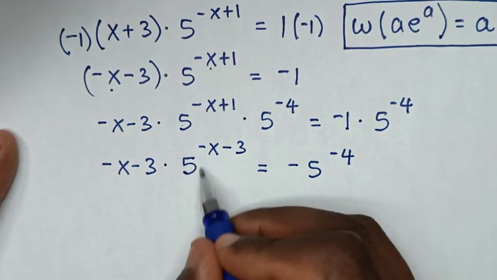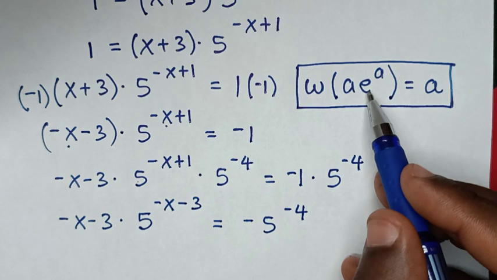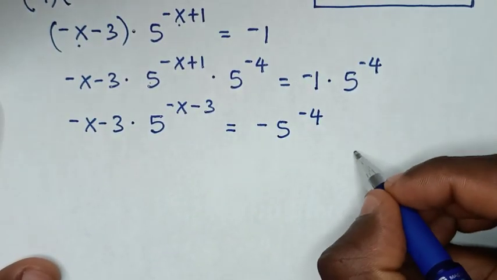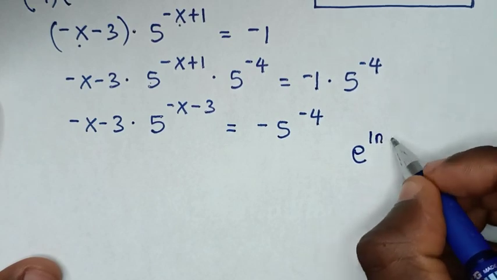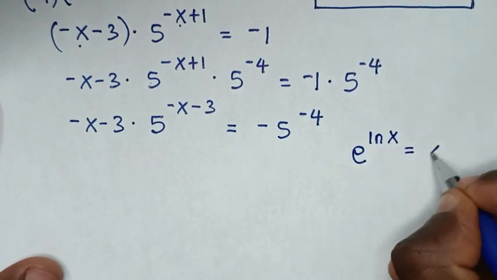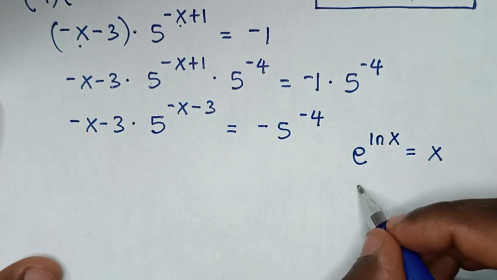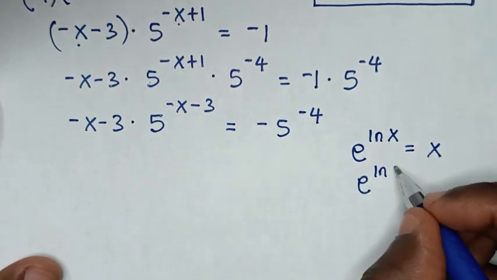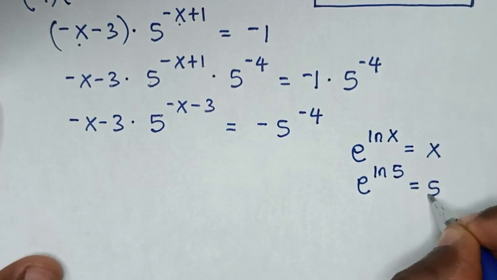In the Lambert W function it should be e. Then we'll apply the rule e^(ln x) = x. So it will be e^(ln 5), because here it is 5, and ln 5 is equal to 5.